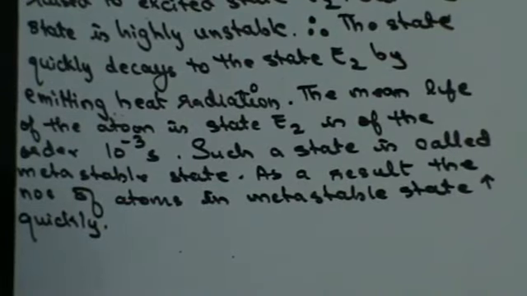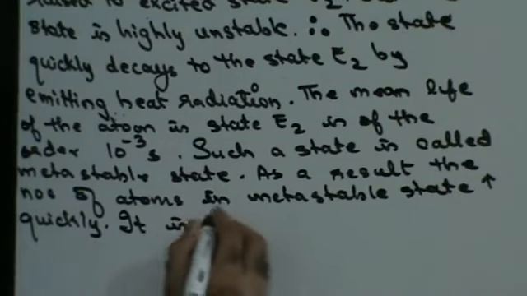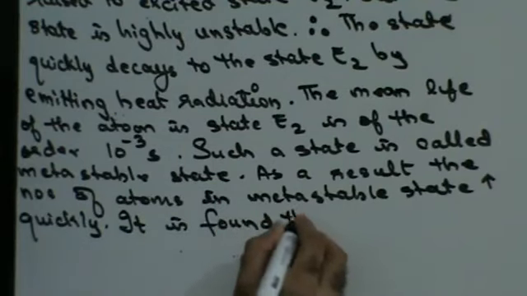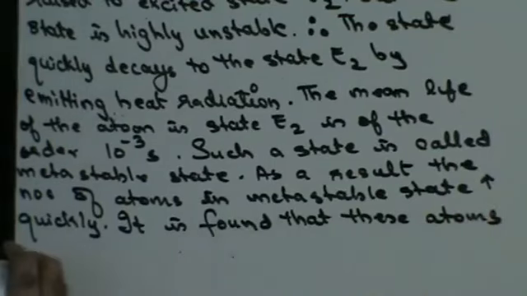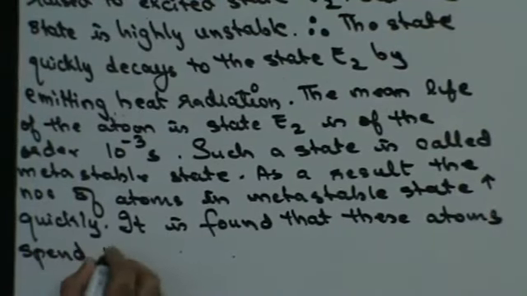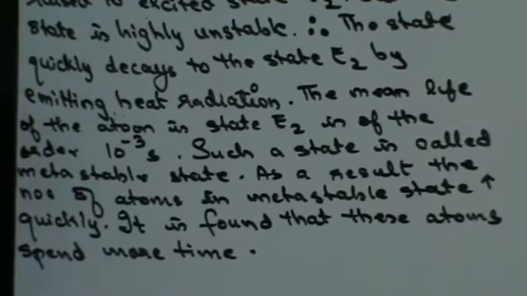Now, it is found that these atoms spend more time in the metastable state and finally jump to the ground state. They are there for 10 to the power of minus 3 seconds, whereas in the excited state they were only there for 10 to the power of minus 7 seconds. So obviously they are spending more time.